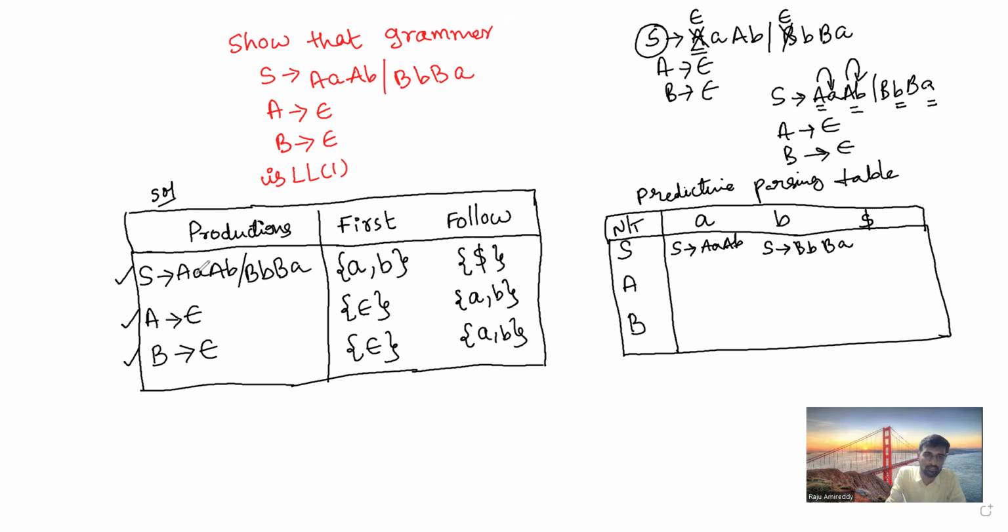When you see S goes to AB, S goes to BA, there are two productions.